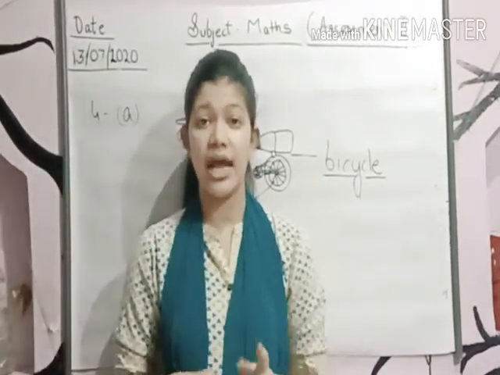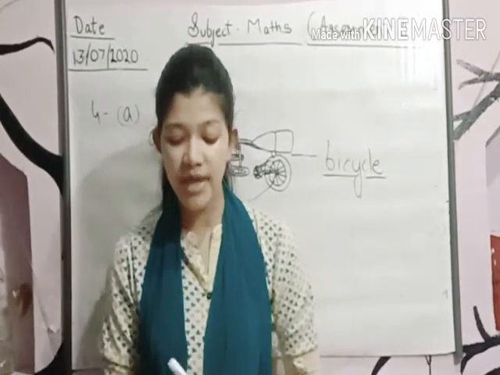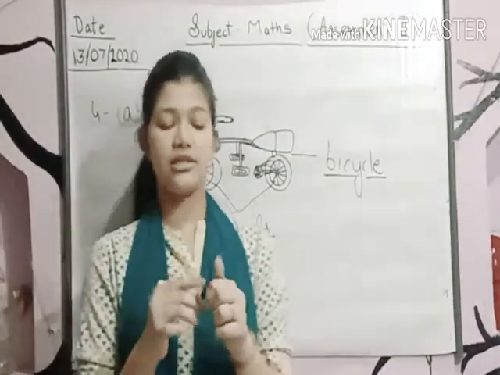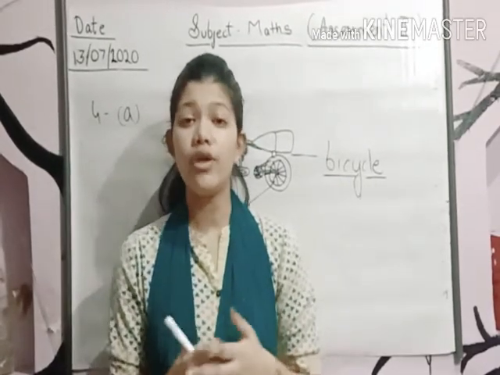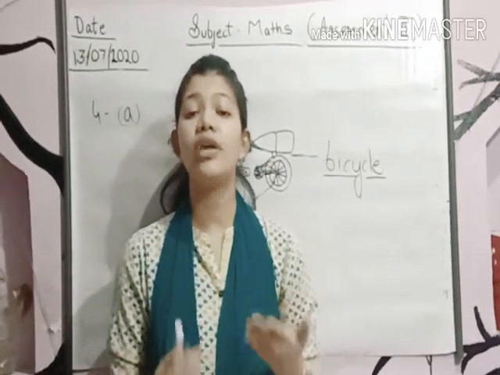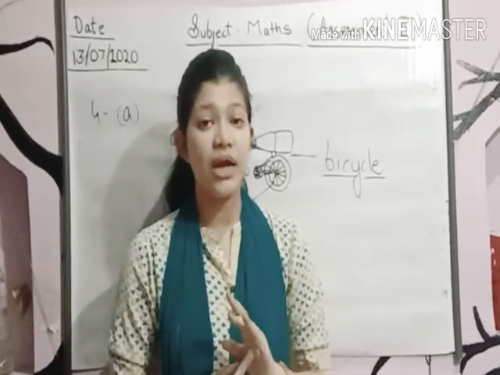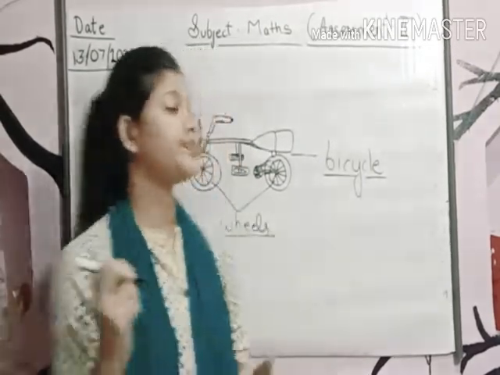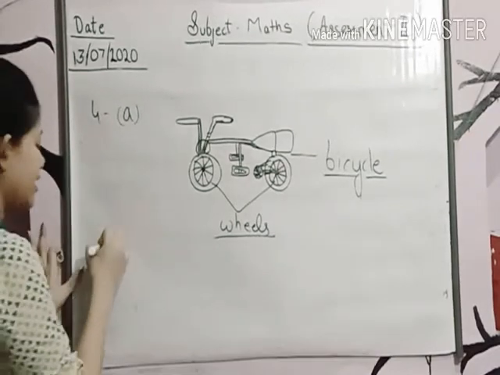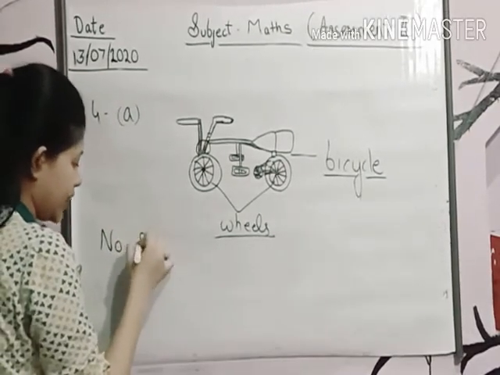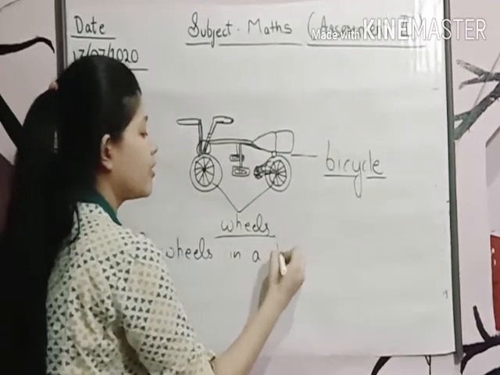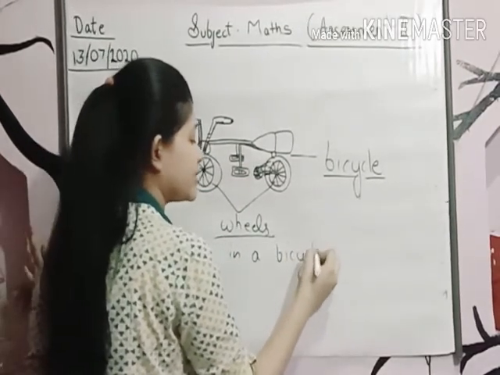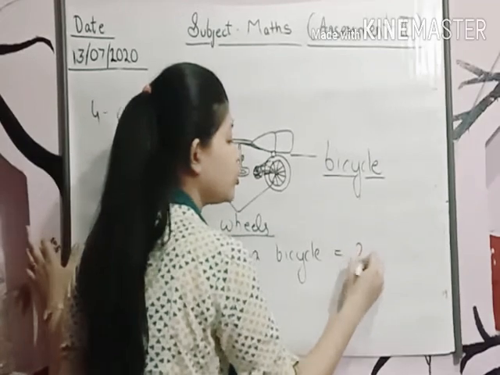Okay, so now look at the question. A bicycle has 2 wheels. How many wheels are there in 6 bicycles? It means we know the number of wheels in one bicycle. Now we have to find out how many wheels are there in 6 bicycles. So how will we do it? First we will write number of wheels in a bicycle, that is equal to 2.